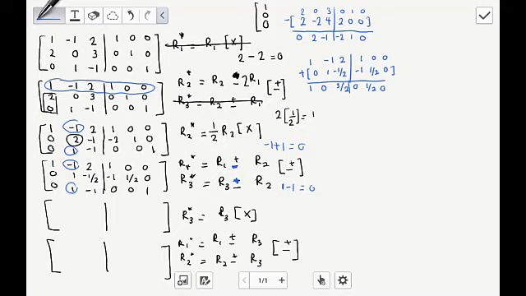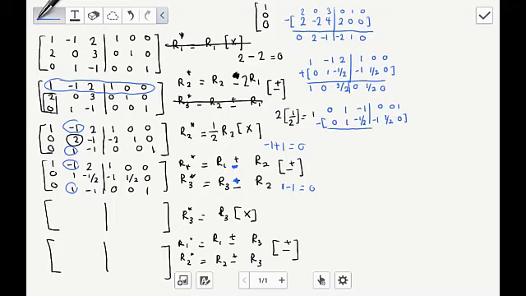Next we're going to take row 3 minus row 2. We're going to copy down row 3, which is 0, 1, negative 1, followed by 0, 0, 1. We're going to minus row 2: 0, 1, negative half, negative 1, half, 0.